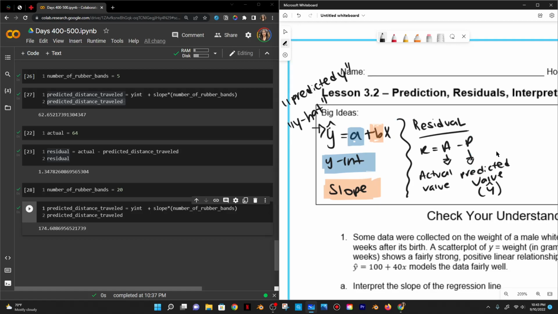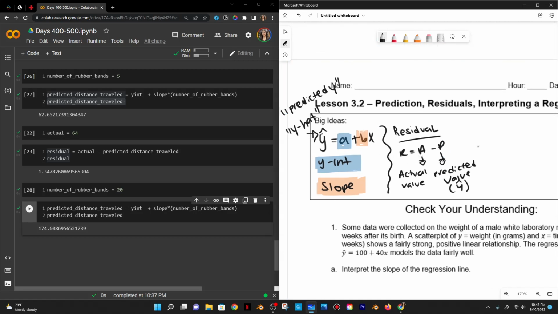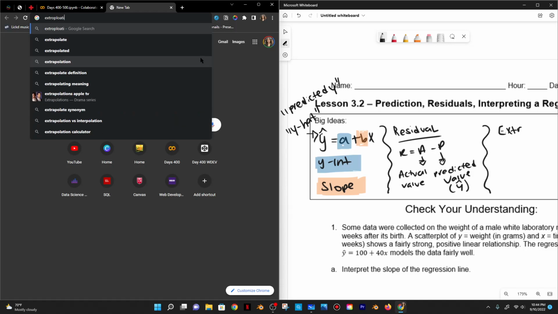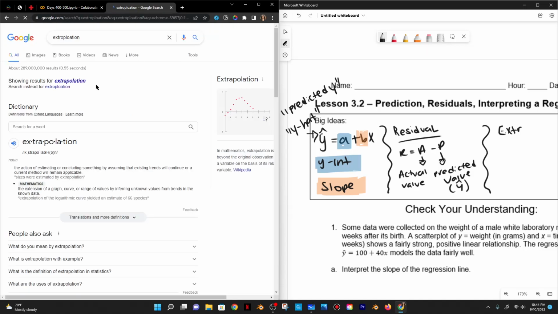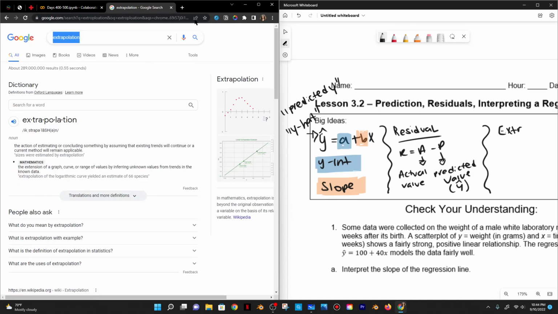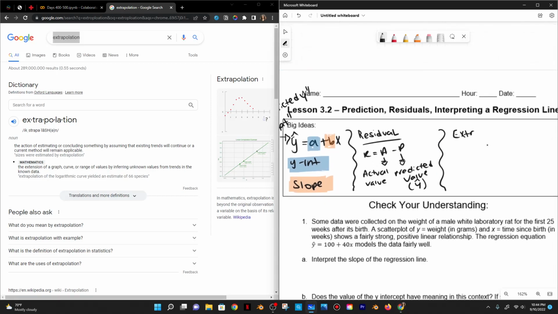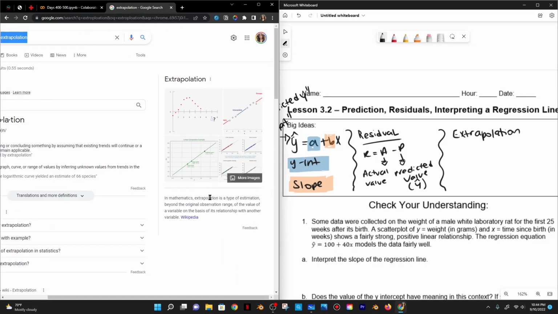Okay. And what else? There's this term called, I literally don't know how to spell it. Extrapolation, something like that. Extrapolation, yes, totally. Let's look at the definition here.